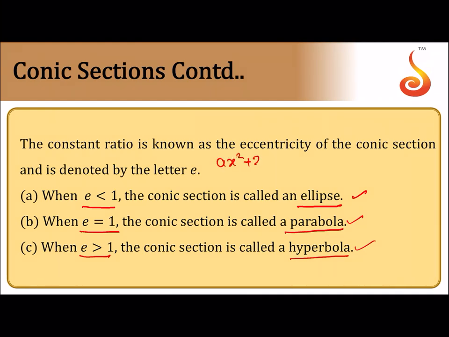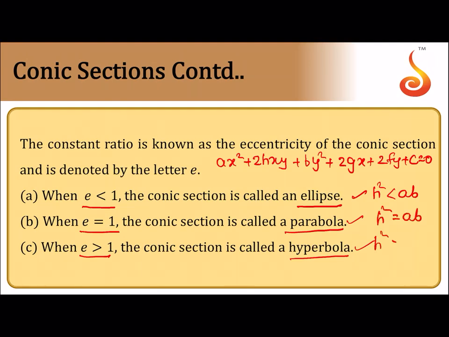In the general equation of second degree, ax square plus 2hxy plus by square plus 2gx plus 2fy plus c equals 0, for an ellipse h square is less than ab, for a parabola h square equals ab, and for a hyperbola h square is greater than ab.